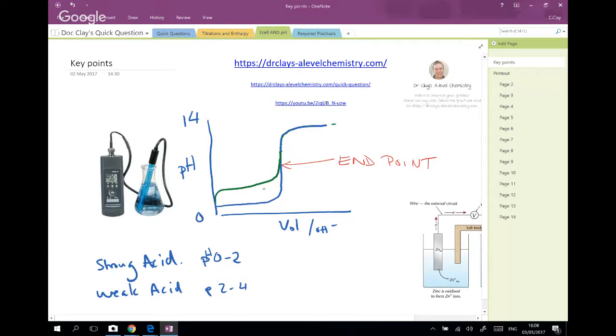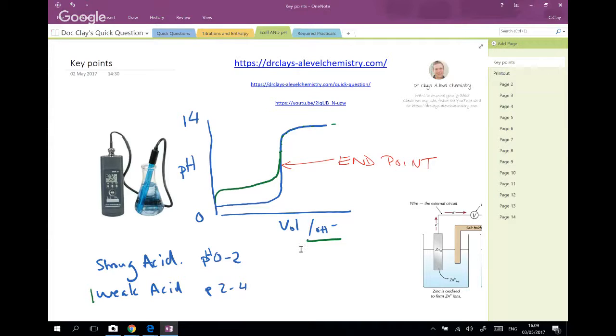So my green line here is indicating that of a weak acid with a strong alkali. So there we've got what would happen if we were adding a strong base to either a strong acid or a weak acid.